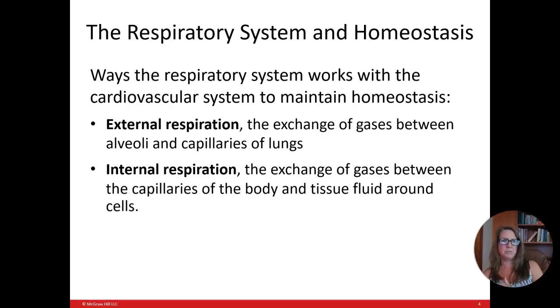Internal respiration is when we're going all the way down to the cell level and we're dropping off that gas from the capillary to the cell and then picking up the CO2 and bringing it across. So external respiration is in the lungs, between the alveoli and the capillaries, and internal respiration is the exchange between the capillaries and the cells or tissues of our bodies.